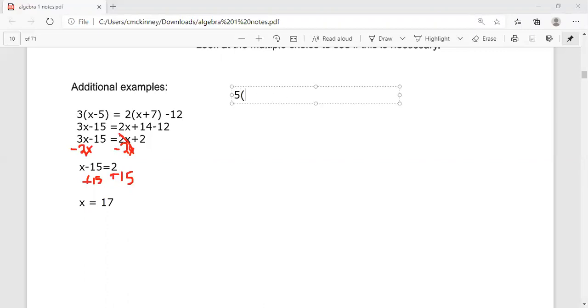So 5 times x, let's mix it up a little, plus 3, minus 2x equal to, say, x plus, let's see, 10, 15.